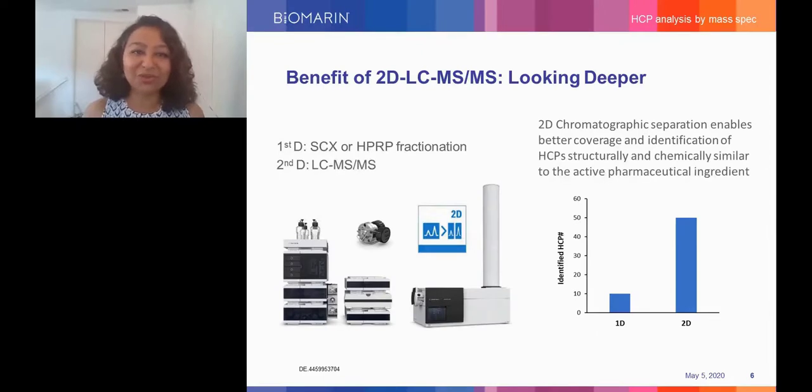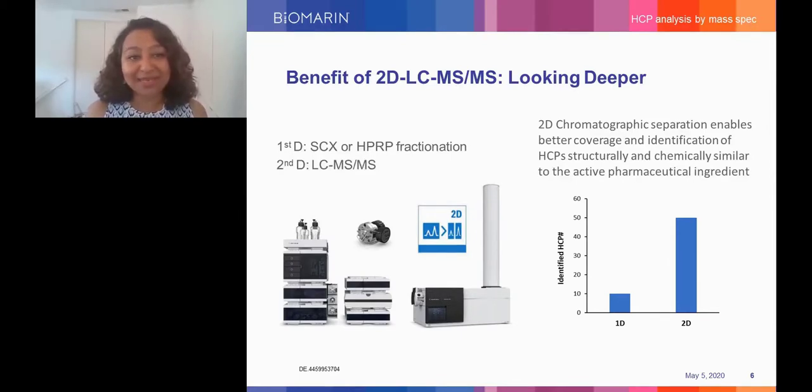You could also do something like strong cation exchange, or SCX. One of the disadvantages of this is that you almost always need salt. And then after the 1D separation, you have to remove the salt. And often this leads to removal of some of the analytes themselves as you go through desalting procedures.